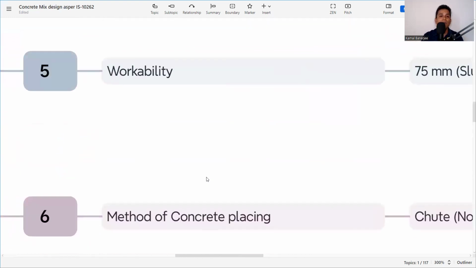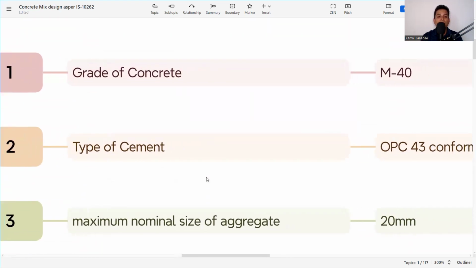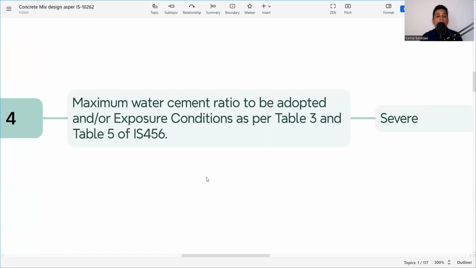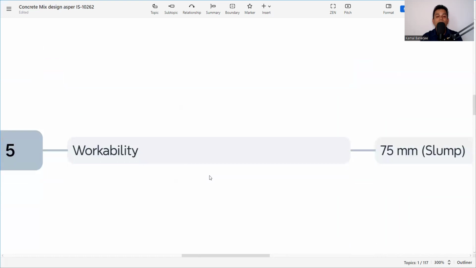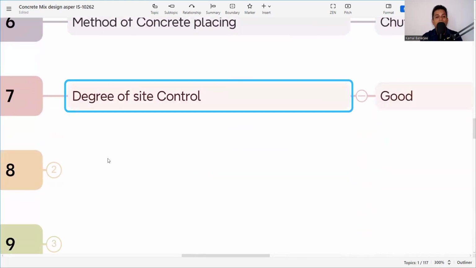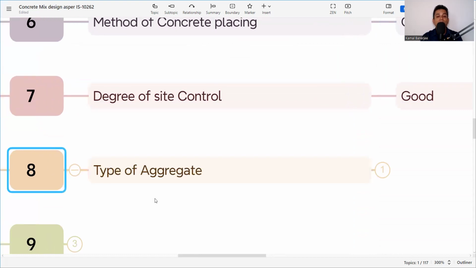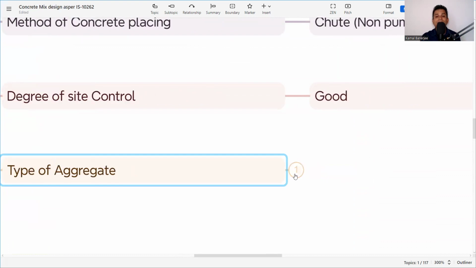So what we have already discussed: grade of concrete, type of cement, maximum nominal size of aggregate, maximum water cement ratio, then exposure condition, then workability, minimum cement content, then method of concrete placing, degree of site control. And now we need to check the next part, type of aggregate. Why type of aggregate? I have already chosen that the maximum size will be 20 mm, but what will be the shape? इसका शेप कैसा होगा? राउंड होगा, एंगुलर होगा, or flaky होगा, that is the different types of aggregate there.